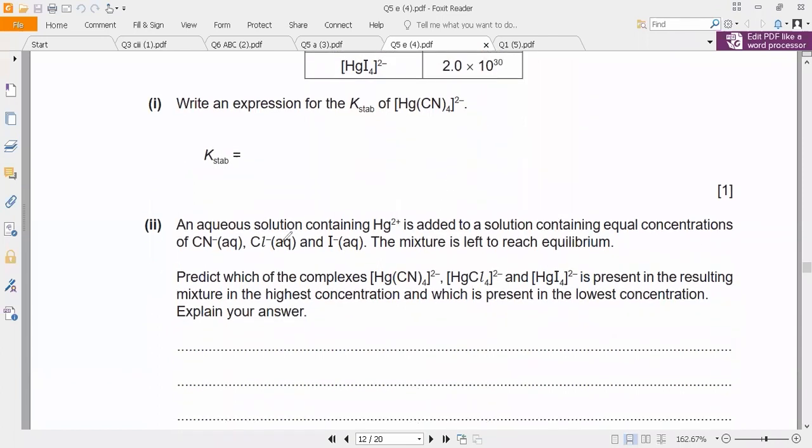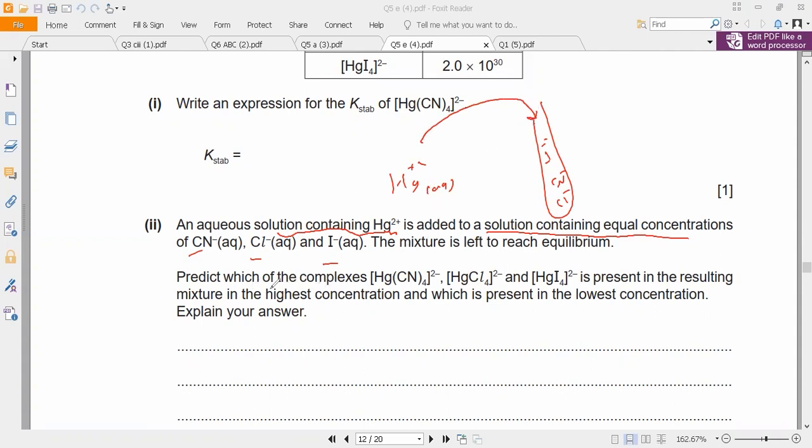Moving to the next part. An aqueous solution of Hg2+ (aq) is added to a solution containing equal concentrations of this one and this one. Okay, we have a solution that has I-, CN-, and Cl-. We are adding Hg2+ to them.